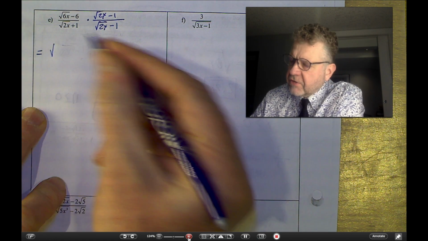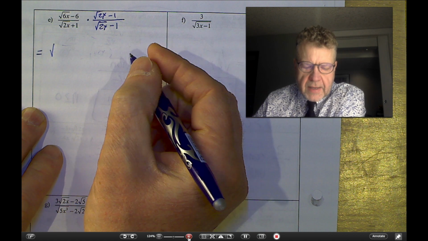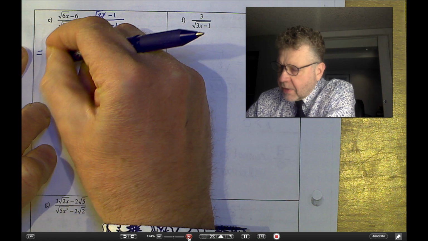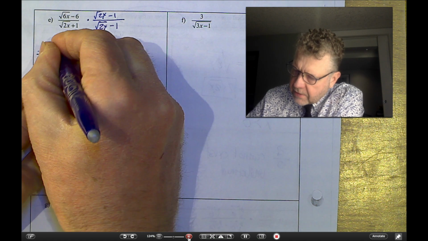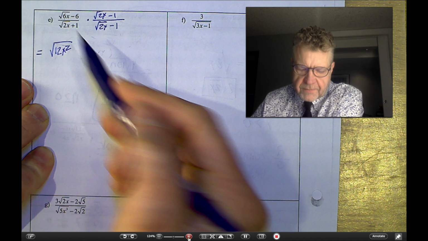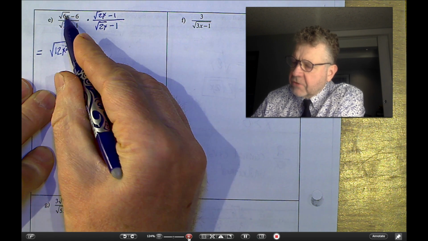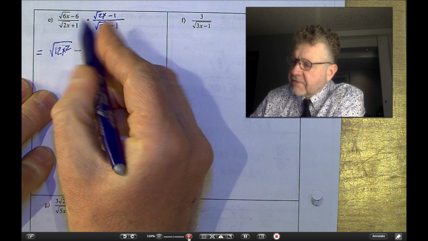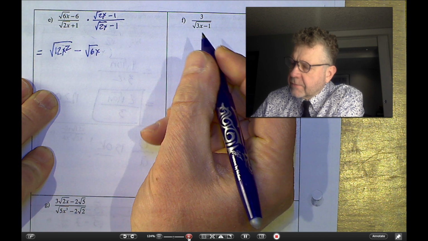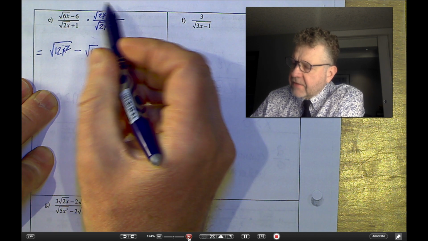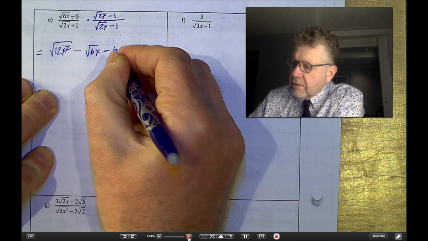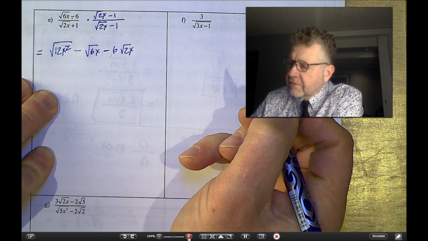No coefficient, so it's simply going to be square root of 6x times square root of 2x, which is going to be square root of 12x squared. That deals with this multiplication. Afterwards, I'm going to go minus this times this. So minus square root of 6x. That's this minus. Now minus 6 times square root of 2x.